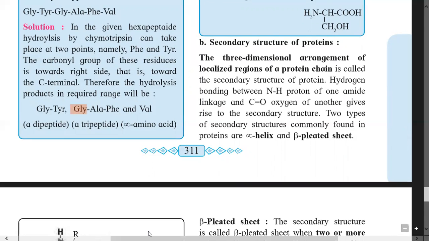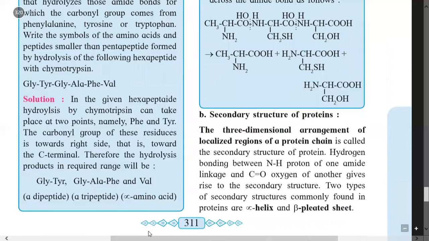Similarly, here is the example of three amino acids linked together, given as a tripeptide. So GLY means glycine, ALA means alanine, and PHE means phenylalanine. So this is a tripeptide, and here VAL means valine, an alpha amino acid.